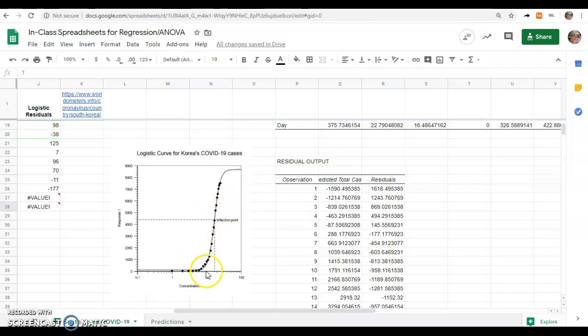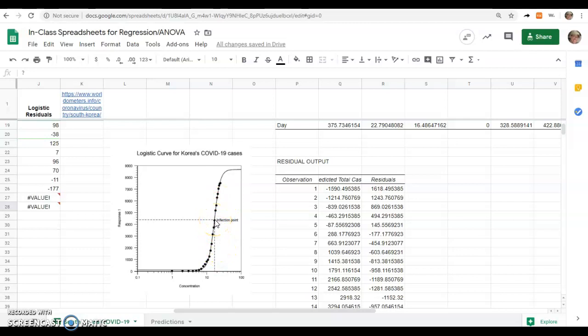So it's doing the same thing as a linear model, except here the model matches up with what we see scientifically of an exponential start and then some kind of carrying capacity or population limit. In this case, it wouldn't be the entire population limit, but the limit with social distancing measures in place would be right up here, just under 9,000.